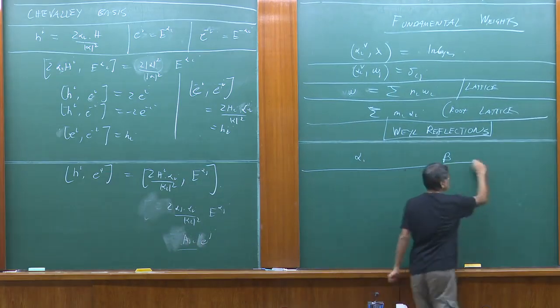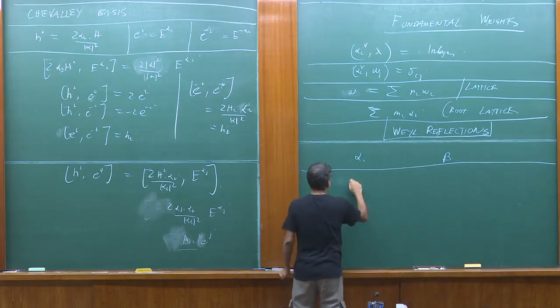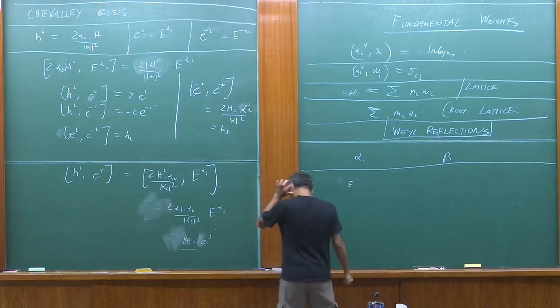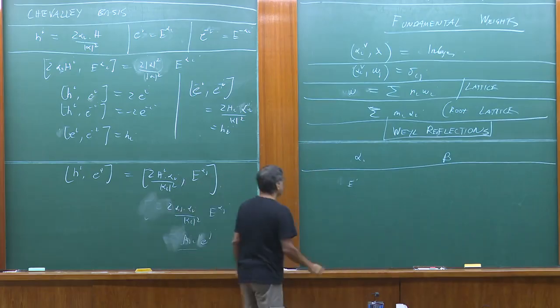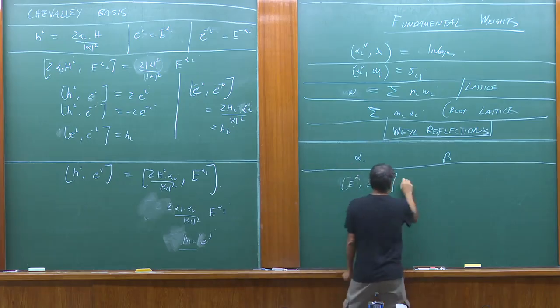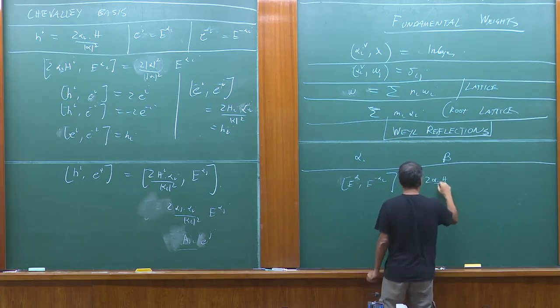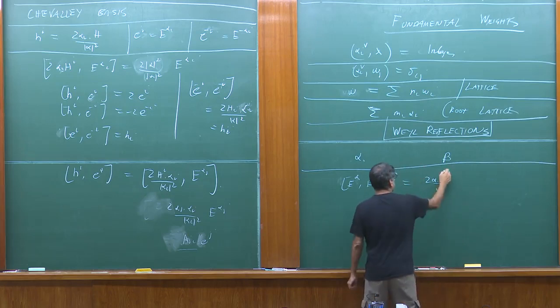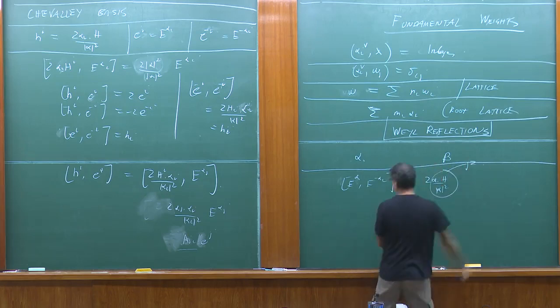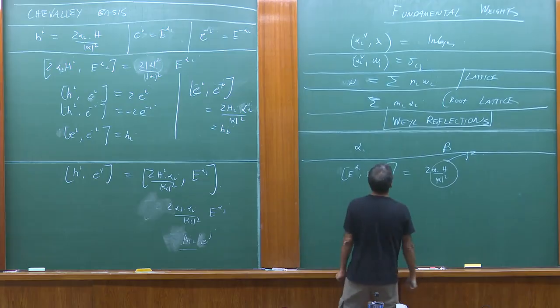The difficult thing about this always is to get the factors of 2 right. So let's try. We had that [E_alpha, E_minus alpha] was equal to 2 alpha dot H over mod alpha squared, and we had identified this with Jz.